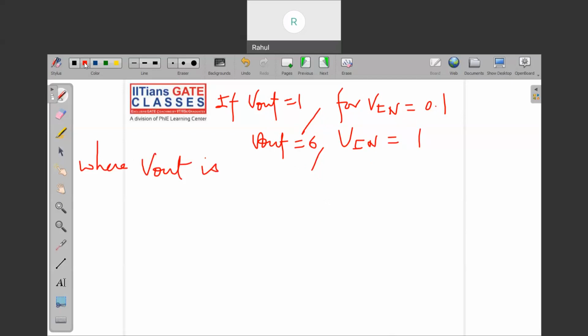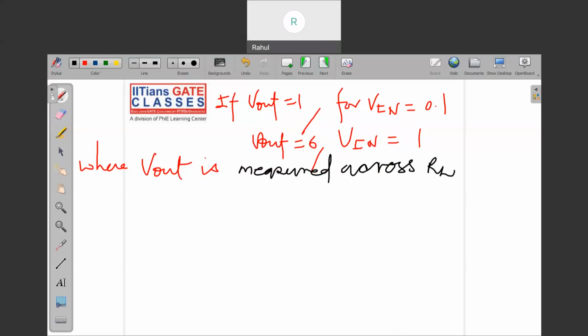See, this much information is given, so you don't have to get scared, because the problem is quite lengthy. The problem is not lengthy if you know the concept. If you are able to apply superposition and write the output of the op-amp in one line, you just have to plug the given information into those equations.